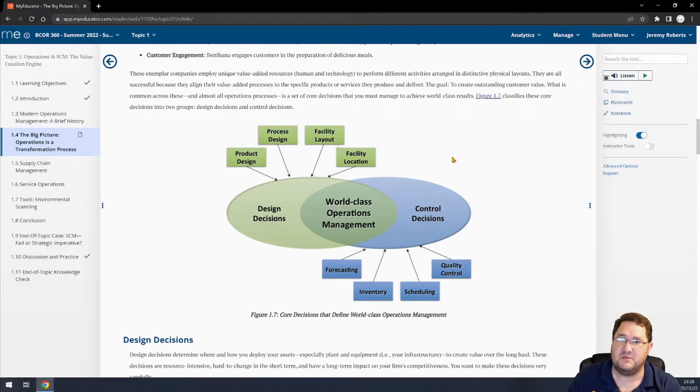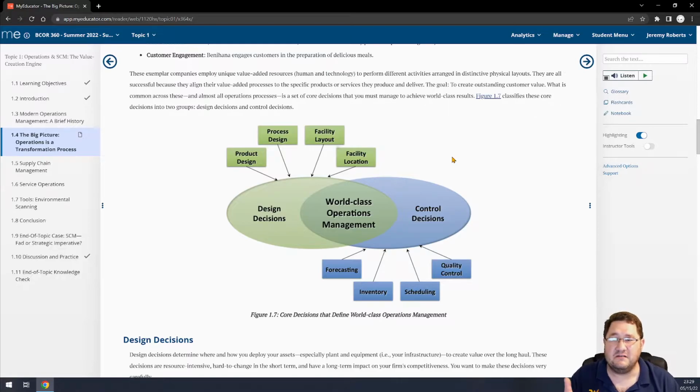Maybe not us specifically in supply chain, but maybe an industrial engineer or a manufacturing expert will do that. But we're going to have some input in there because the process might necessitate a change in the product's design, because maybe manufacturing can't make that shape or do a certain step. So we redesign the product to make it easier to make.